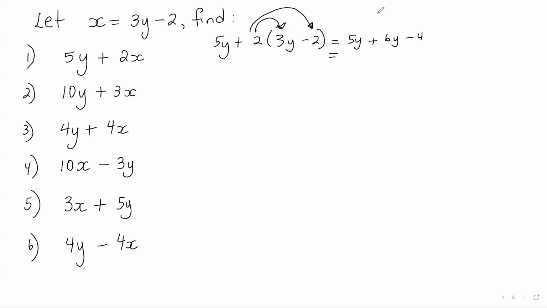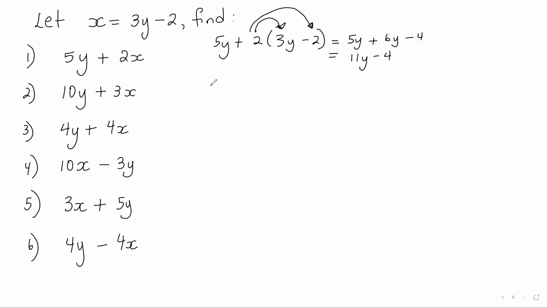So this will give me 5y plus 6y, which is 11y minus 4. All right? So if you got this, good job. If you didn't, check and see where you may have gone wrong. And if you do not understand where you went wrong, send it to me. Let me know. We'll go through it.